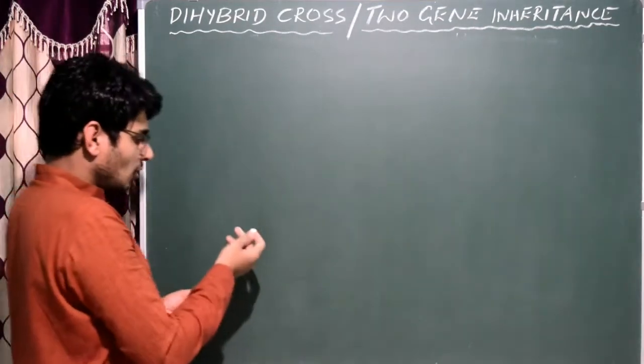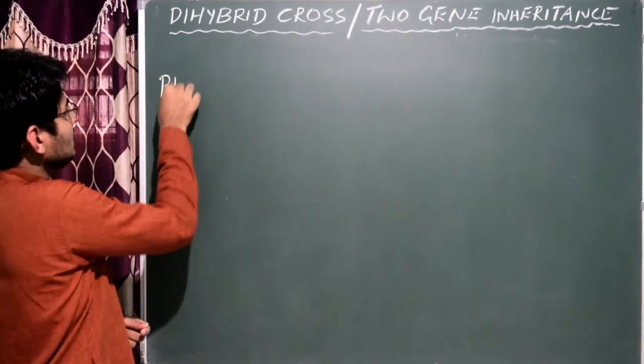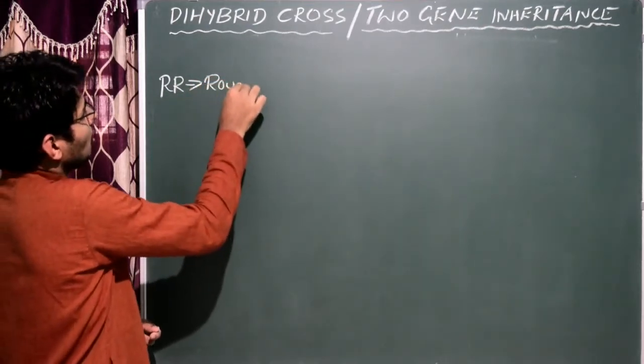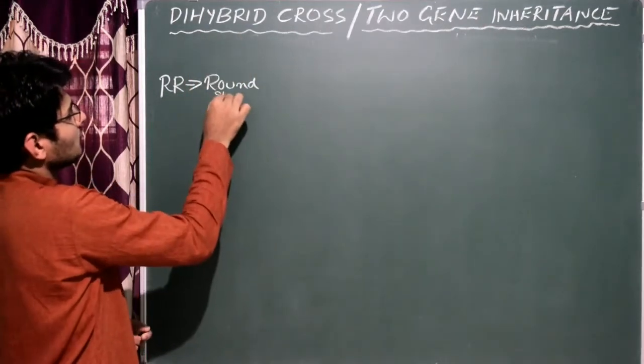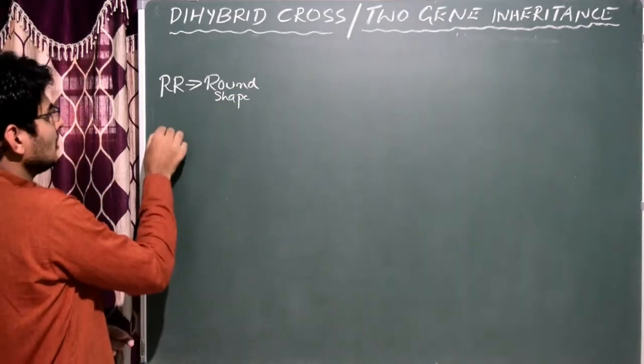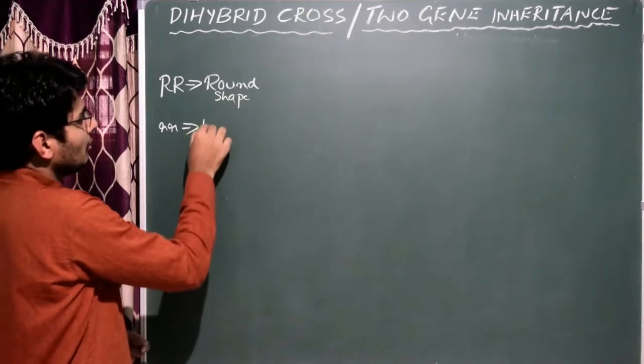First I'll write the possible alleles. Capital R is responsible for round shape. No need to write this in the examination, just for your understanding. If it is small r, that is recessive, then we write wrinkled shape.